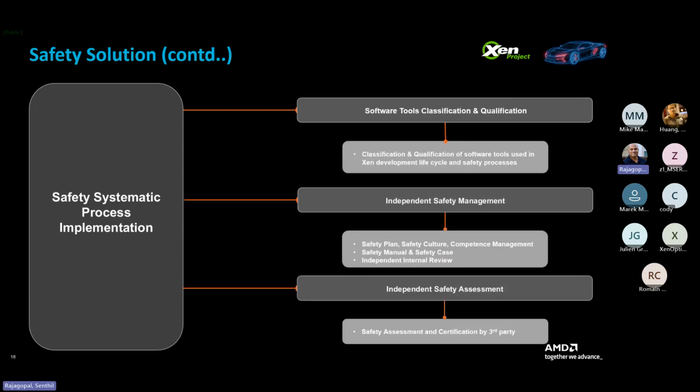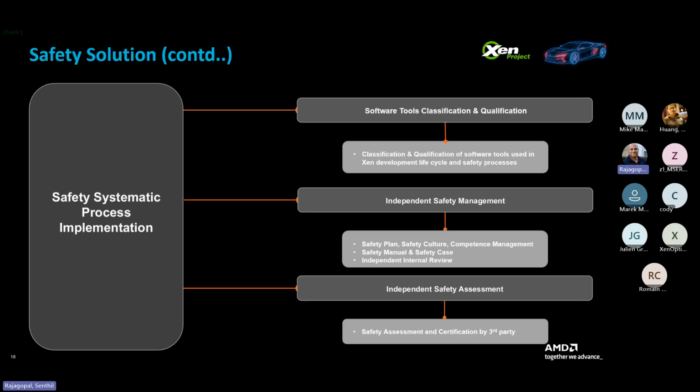So we have some safety specific work activities, like software tools classification and qualification. All the tools which are used in the Xen development lifecycle will be classified depending on the output of the tool and how it impacts the runtime safety, and then we qualify those tools according to the criteria defined by IEC 61508 and ISO 26262.